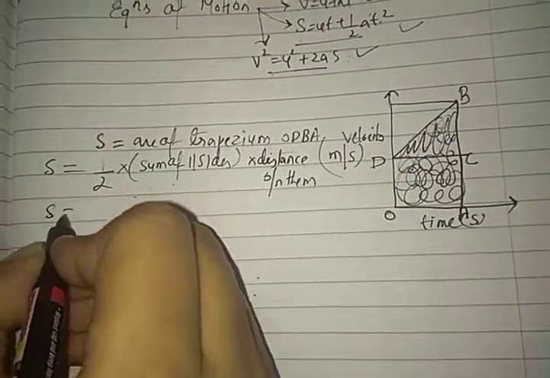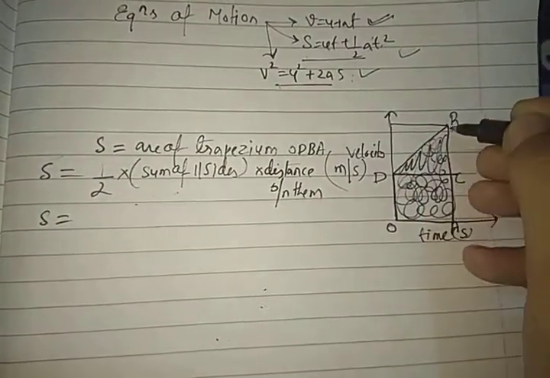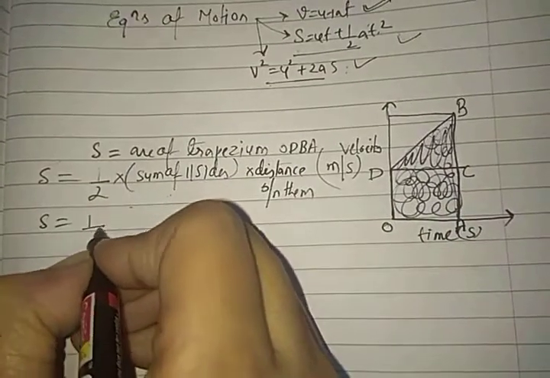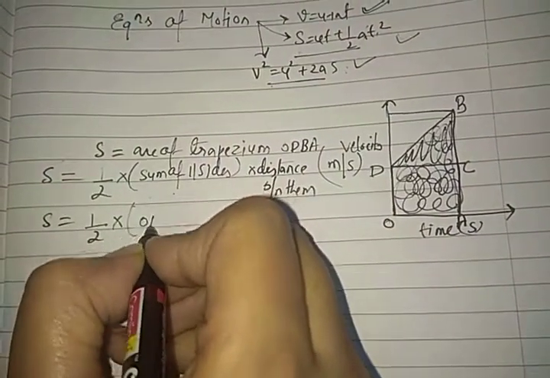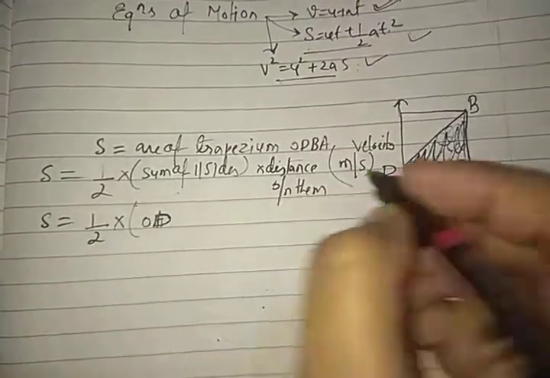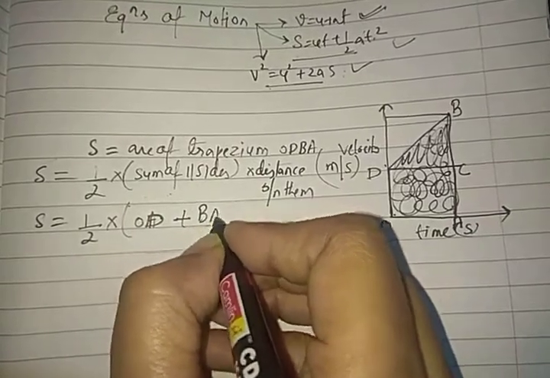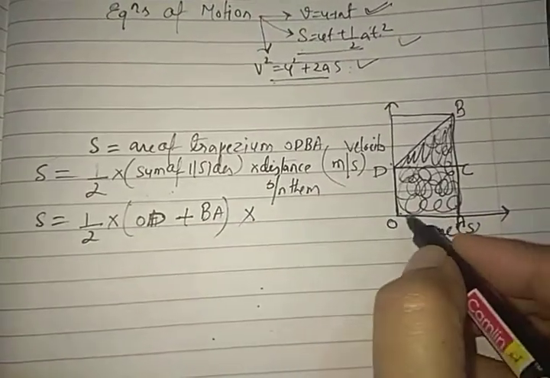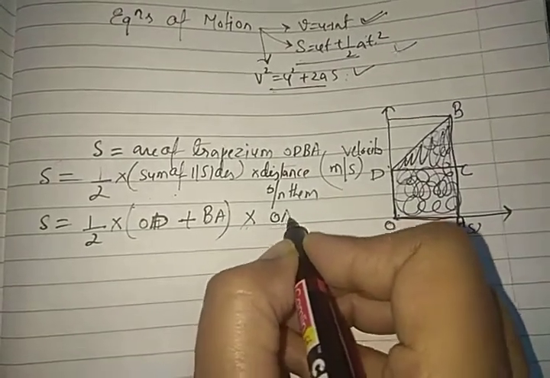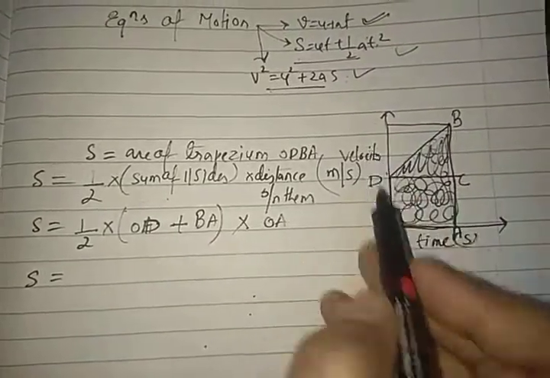The parallel sides are OD and BA, and the distance between them is OA. So S is equal to half into OD plus BA into OA.